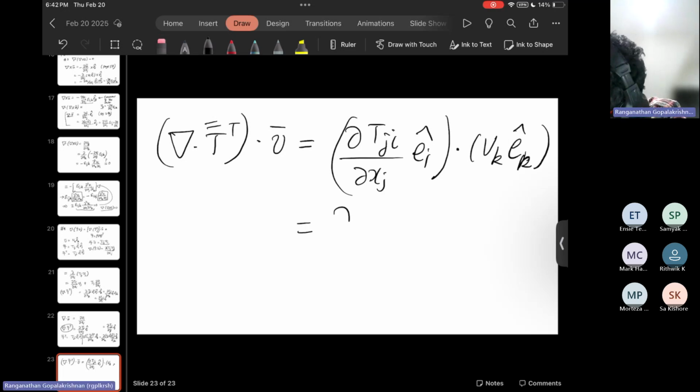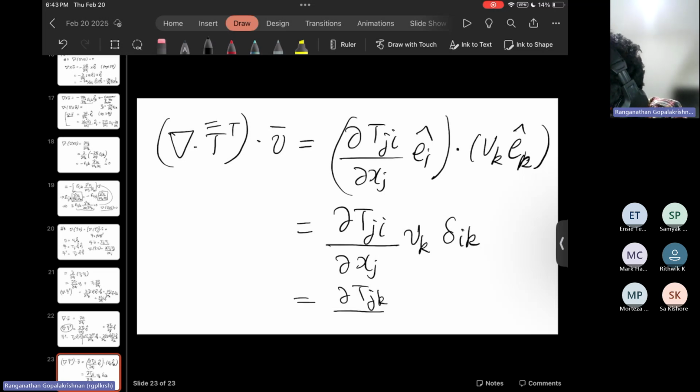So this will be the partial derivative of T_ji with respect to x_j times V_k delta_ik. So this is the partial derivative of T_jk with respect to x_j times V_k. Now both j and k are repeating, which means they are just dummy indices. So I can write this as the partial derivative of T_ij with respect to x_i times V_j. And if I do that, would you object?